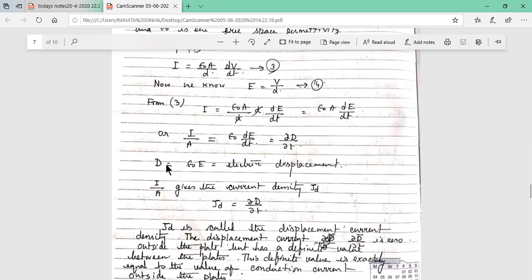So remember this again. D equal to epsilon 0 E, that is the electric displacement. And I by A gives the current density JD.